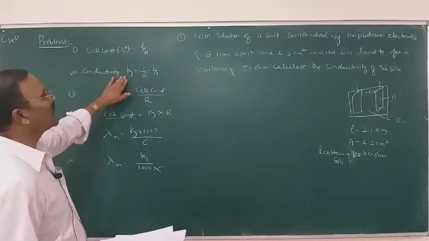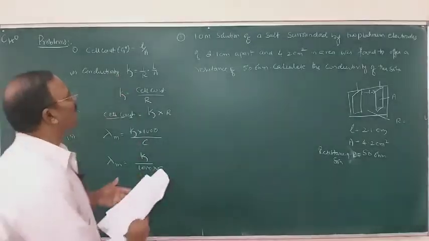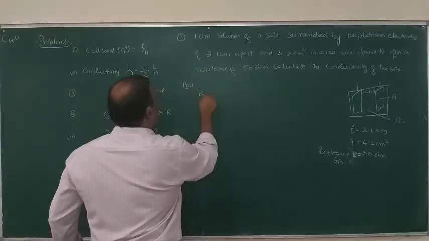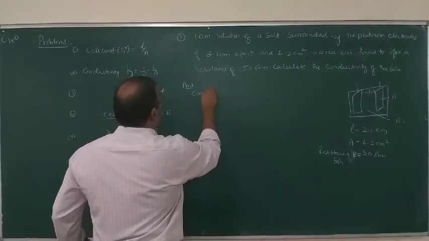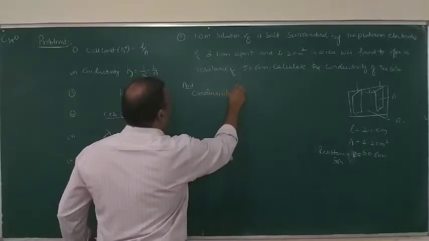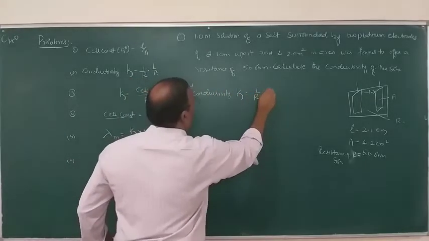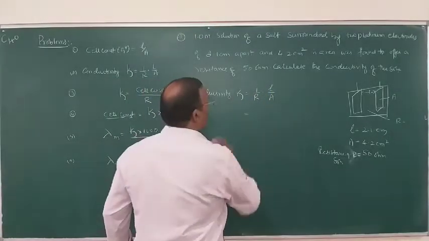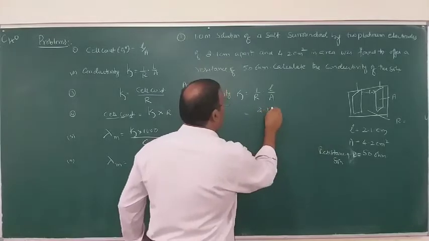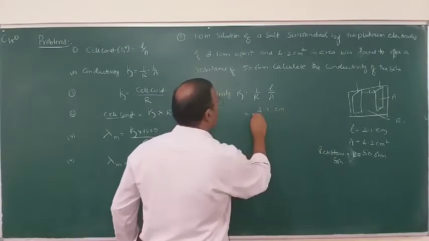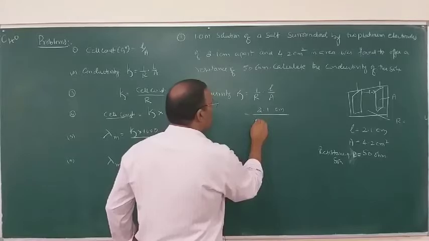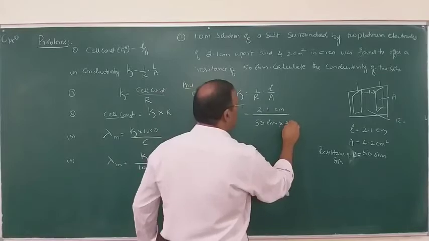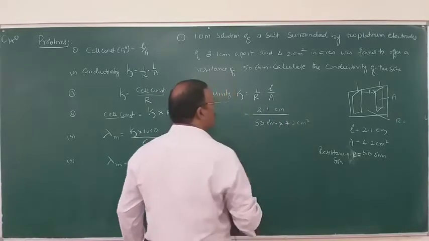We have to calculate conductivity of the solution. Conductivity kappa is equal to 1 over R into L divided by A. L is 2.1 centimeter, R is 50 ohm, and A, the area of cross section, is 4.2 centimeter square.